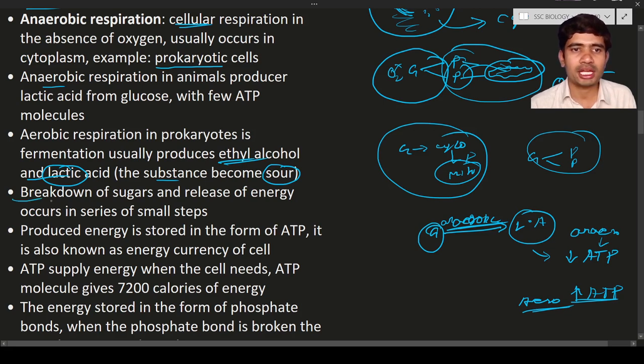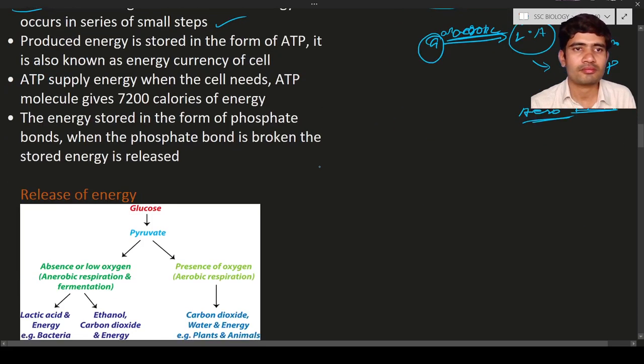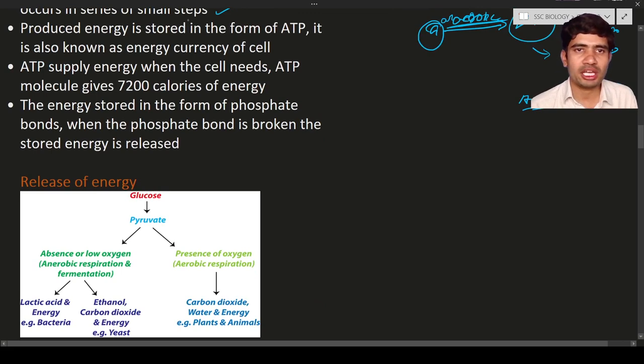The breakdown of glucose and release of energy occurs in a series of small steps. Whatever energy the organisms produce, with the help of aerobic or anaerobic respiration, the energy is stored in the form of ATP.